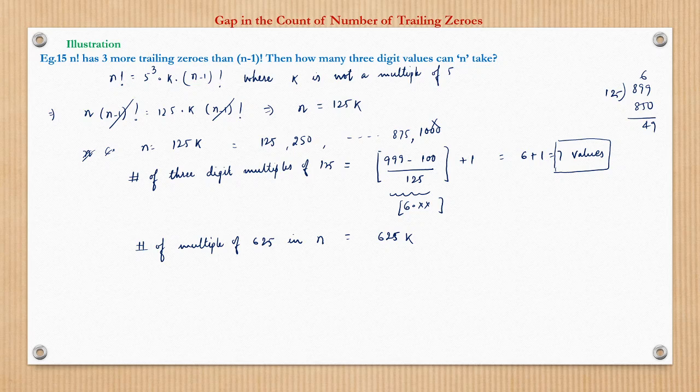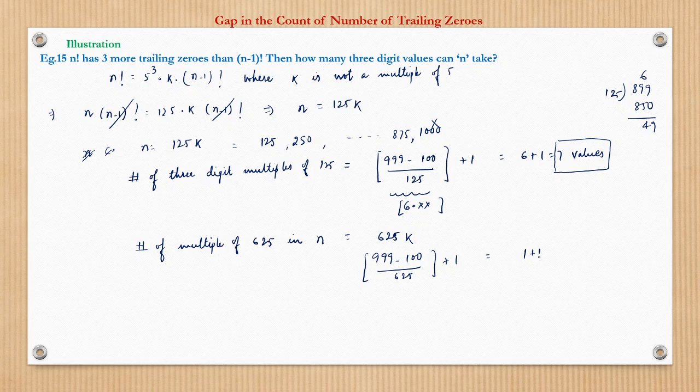How many values can be there? I mean this we need to subtract here. So that will be nothing but again 999 minus 100 by 625 plus 1, right? So here it becomes 899 upon 6.25, that is 1 point something.